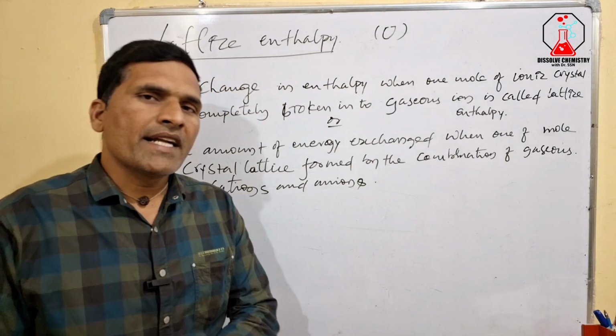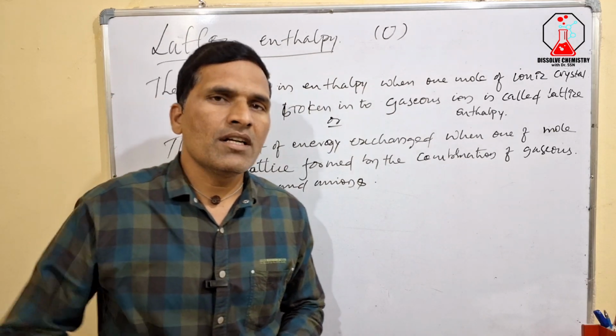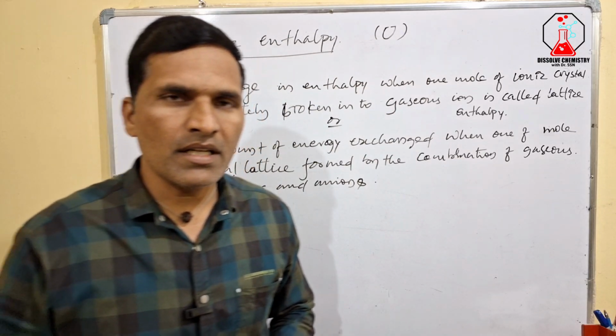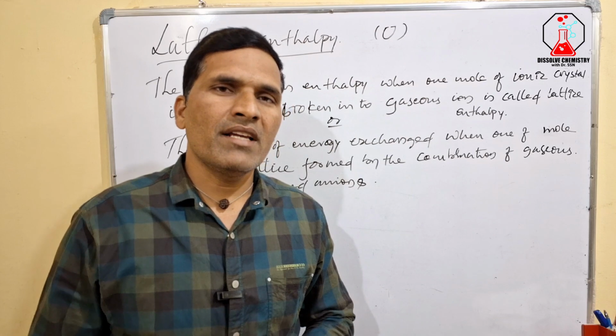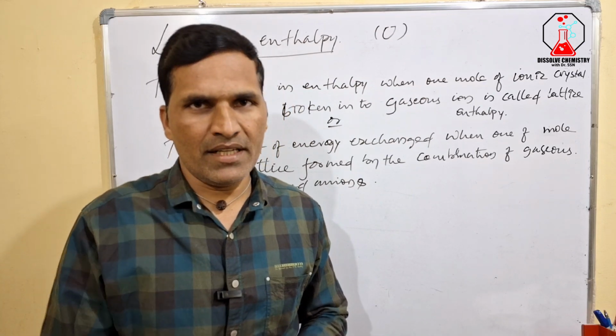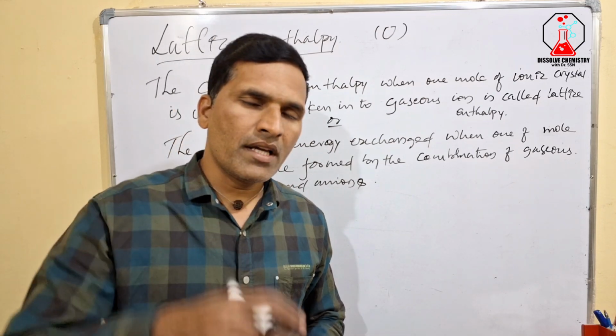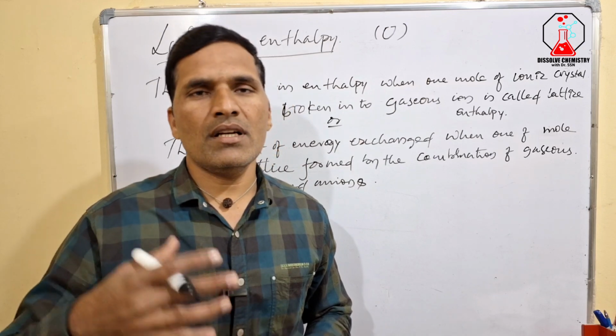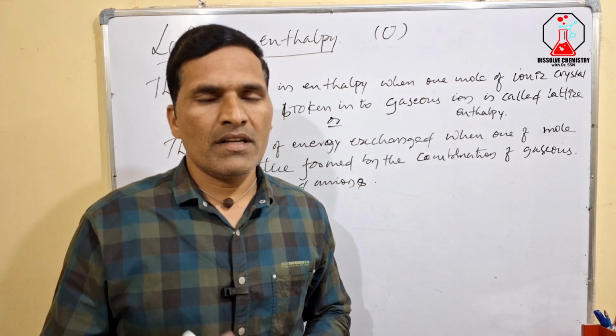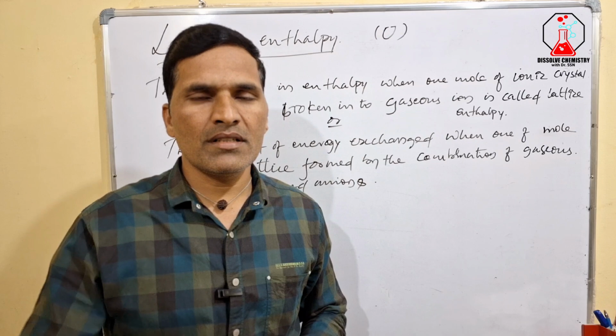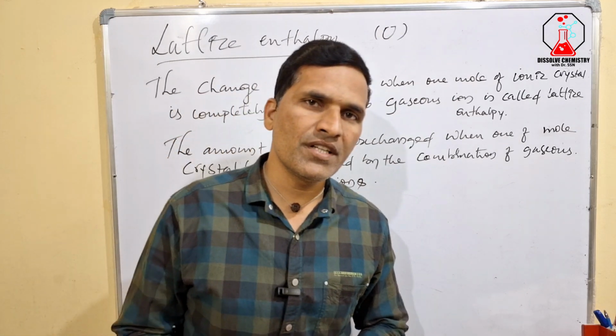Now, this lattice enthalpy is very difficult to determine directly by experiment. Therefore, we can determine it by using the Born Haber cycle. This Born Haber cycle was designed based on Hess's law, the law of constant heat summation that we discussed in our previous video.